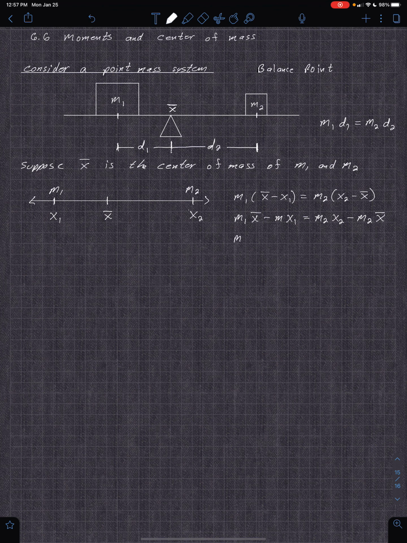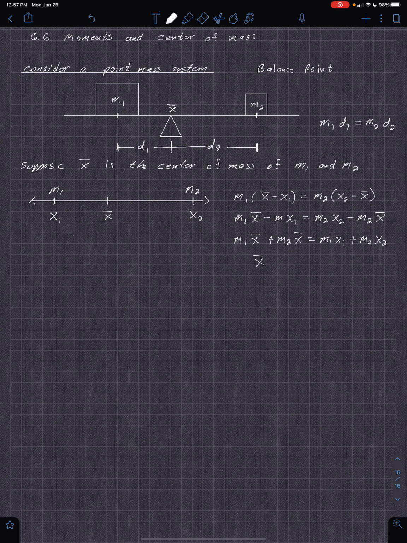So let's try that again. m1 x bar plus m2 x bar equal to m1 x1 plus m2 x2.